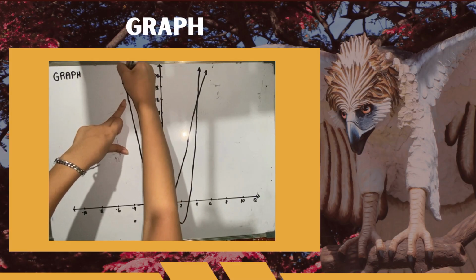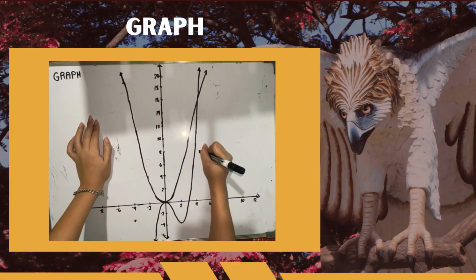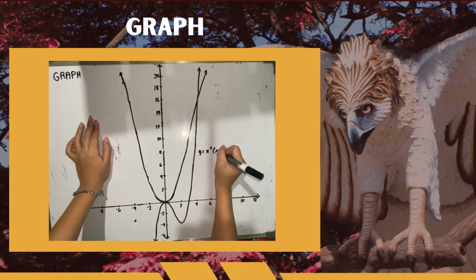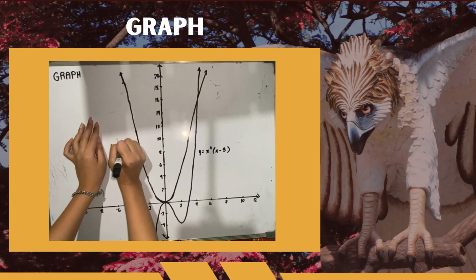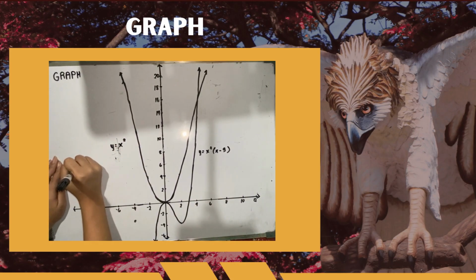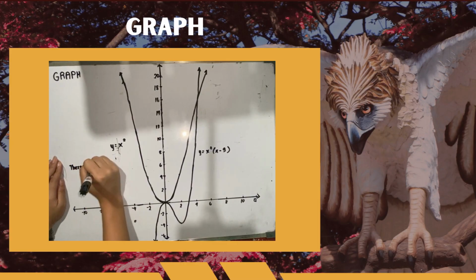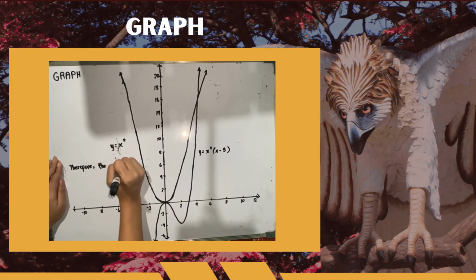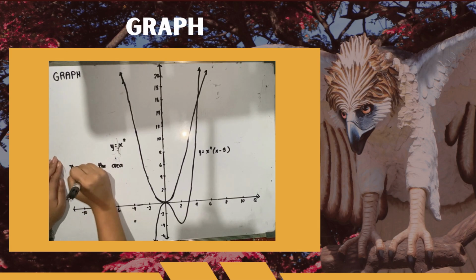And now we have our second curve. So let's proceed to the conclusion. Therefore, the area of the region is 64/3 square units.